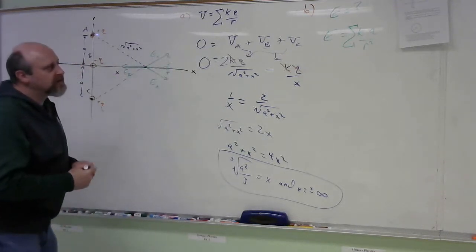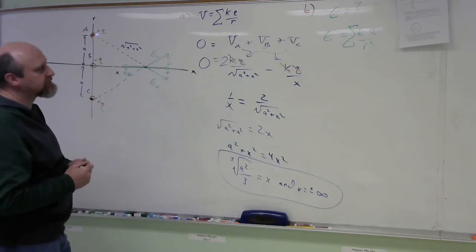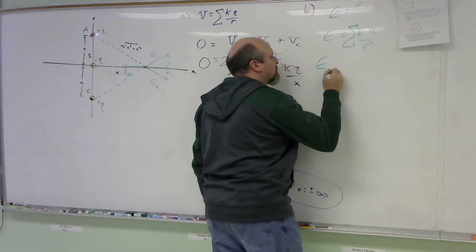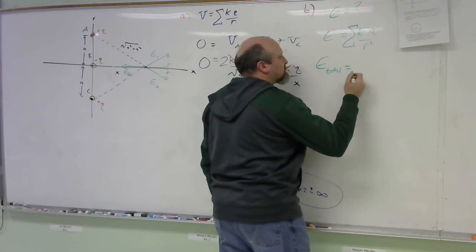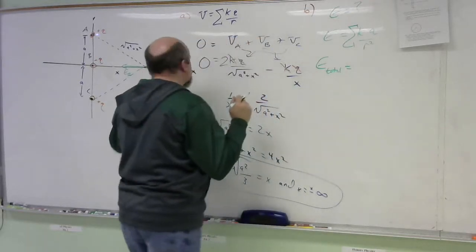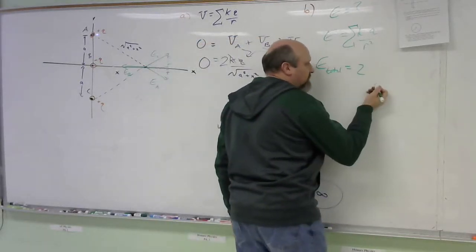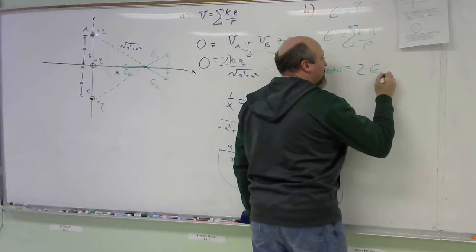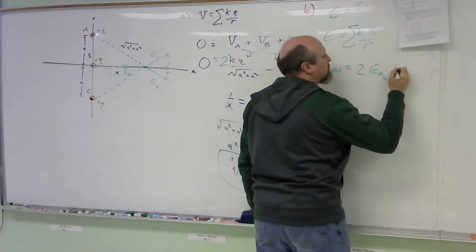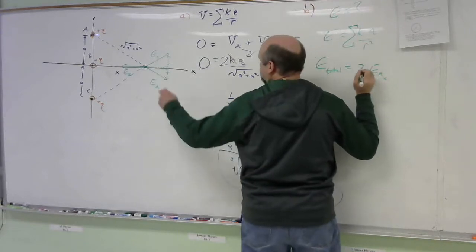So my total E field is just going to be the x components of EA and EC. These will be the same size, so I could just double the E from A, but just the x component, and then add the E field from B.